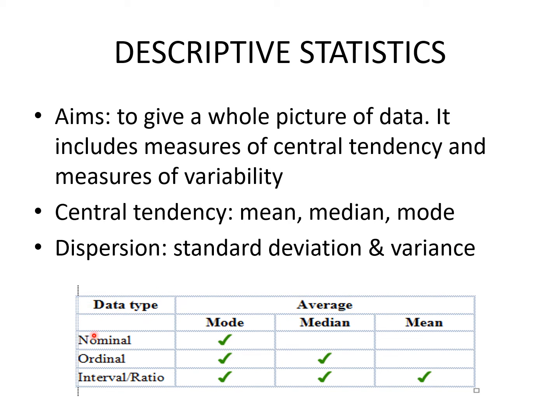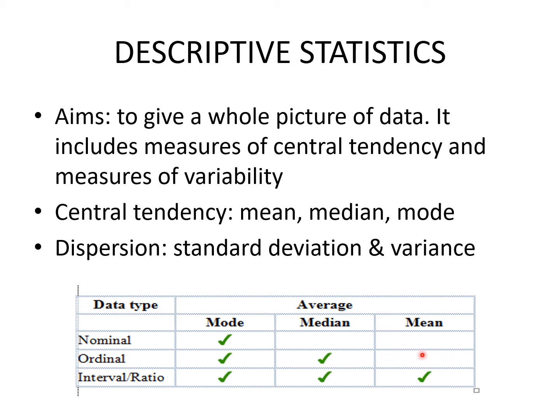So please remember, if the data is nominal, then the descriptive statistic that is suitable is only the mode. But if it is ordinal, then it can be counted using mode or median. If it is interval or ratio, then it can be mode, median, and mean.